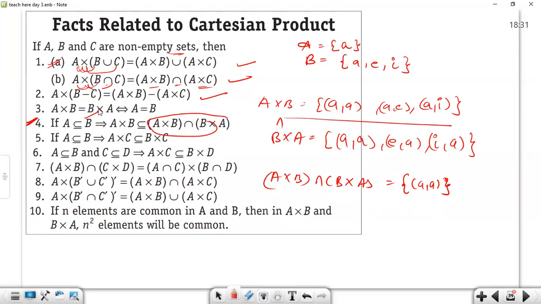Now, it is said that A cross B is the subset of (A, A), which is not true, because A cross B is a bigger set.